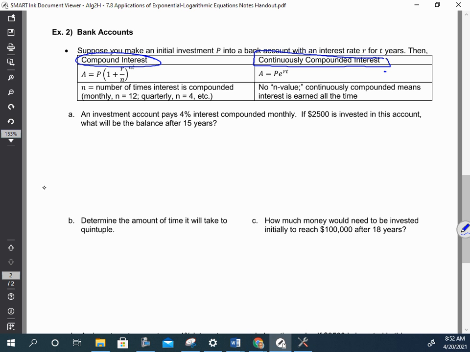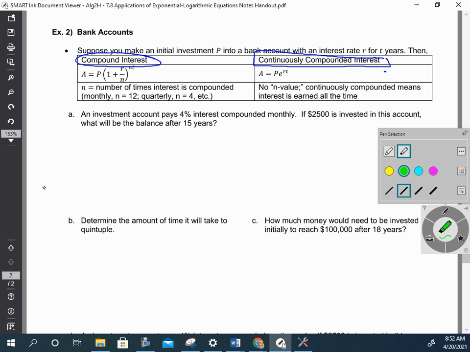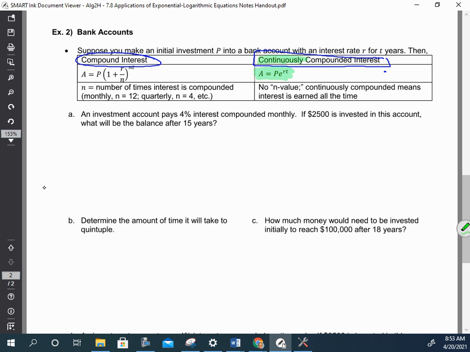How do I know when I'm going to use which one? Very simple to figure out. The second you see the word continuously, that's the formula you're using, period. If you see quarterly, monthly, semi-annually, weekly, daily, you use the other formula.